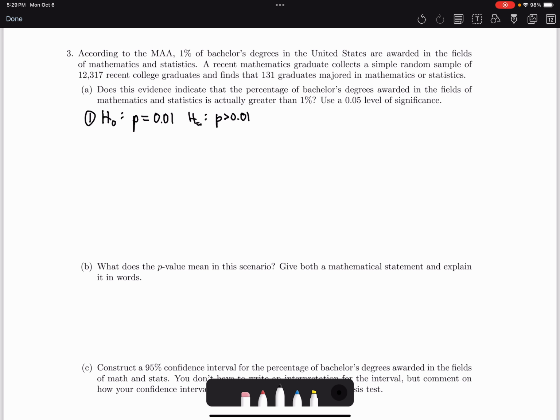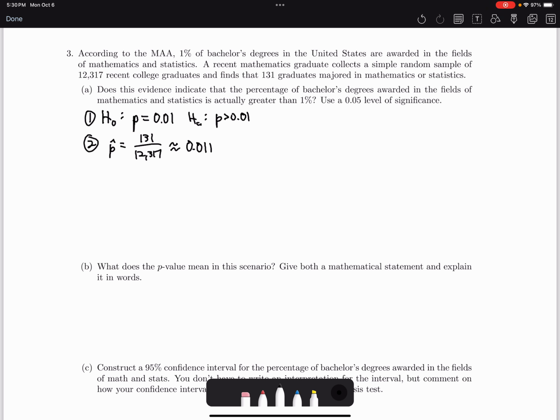The sample evidence in favor of this is that 131 out of 12,317 graduates completed a bachelor's degree in math or statistics. So if we punch that into our calculator, we get approximately 0.011. Okay, so that is indeed bigger than 1%, right? It's 1.1%. So slightly bigger, ever so slightly bigger. Not substantially though, right?